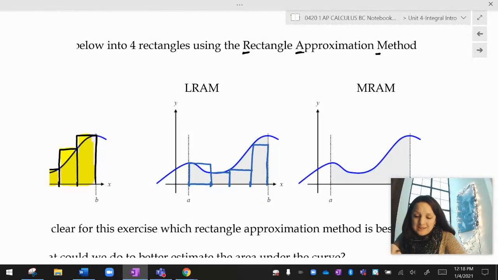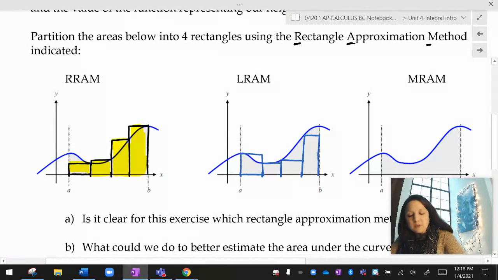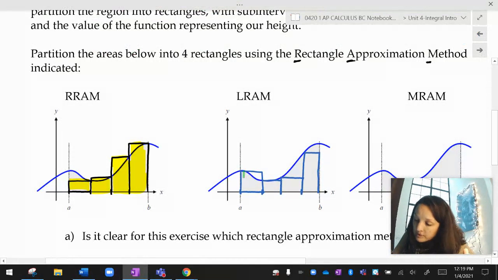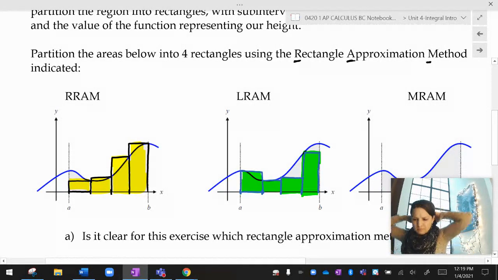If I look at these together, RRAM seems to overestimate this area, and LRAM seems to underestimate it, because LRAM really only goes outside for one little part, and then it stays inside a lot more than it goes outside. So LRAM is probably an underestimate.